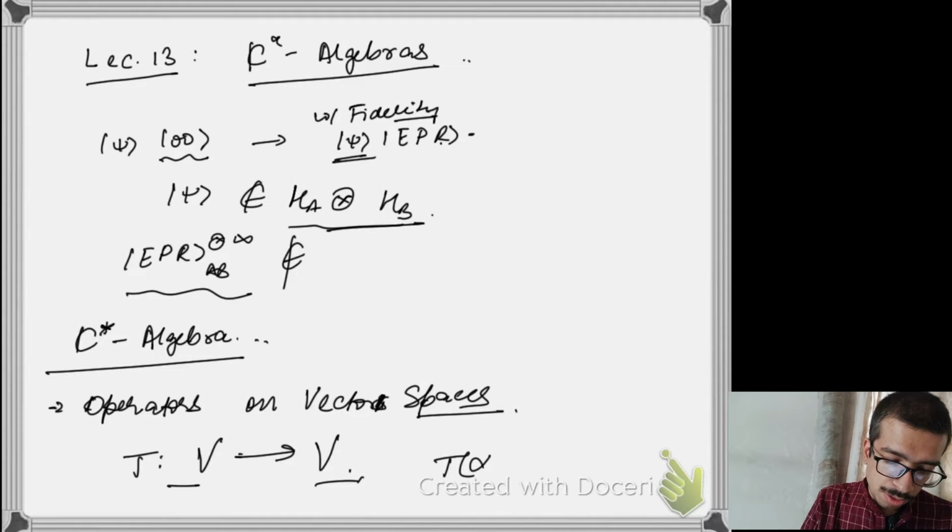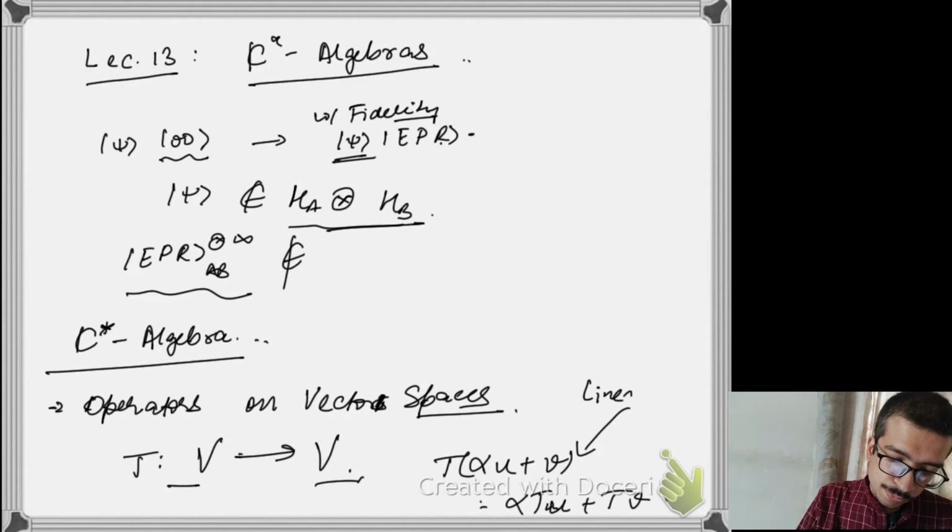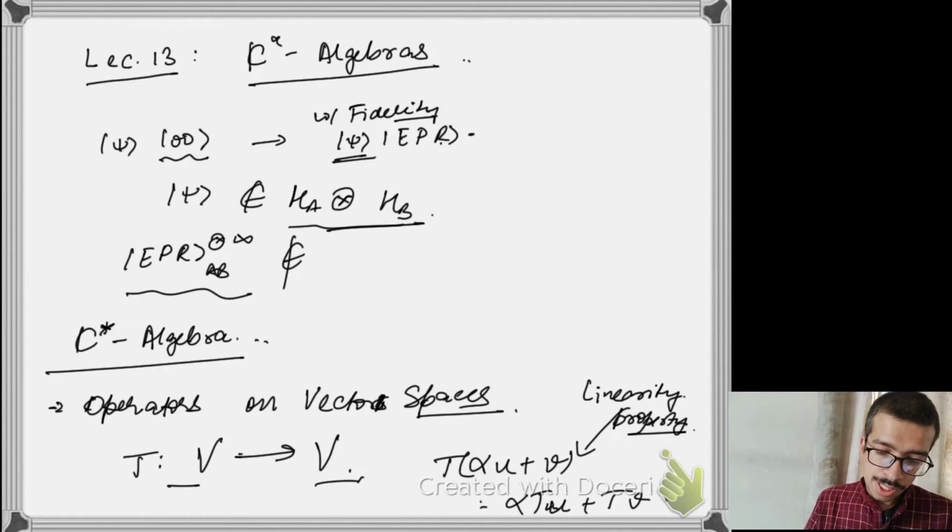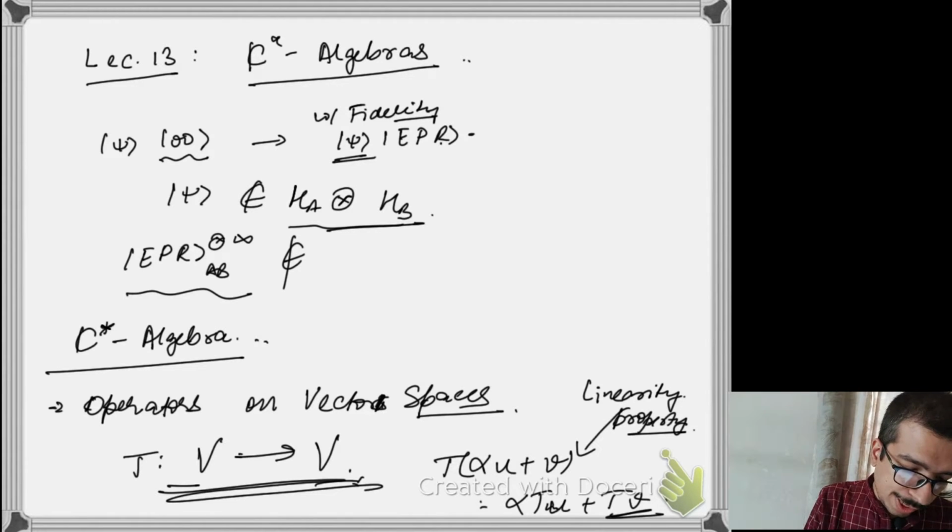Such an operator also satisfies T of alpha u plus v is alpha Tu plus Tv, which is essentially the linearity property. So we need to look at the class of linear operators on vector spaces.